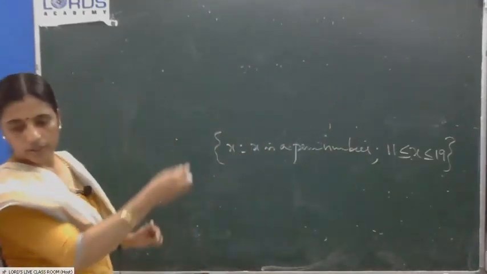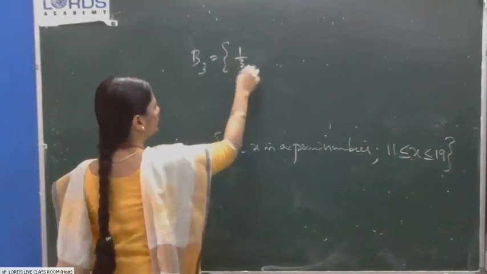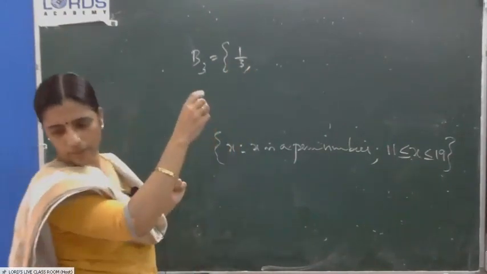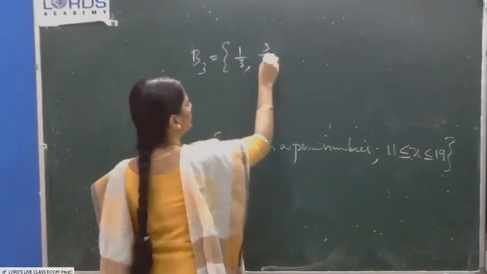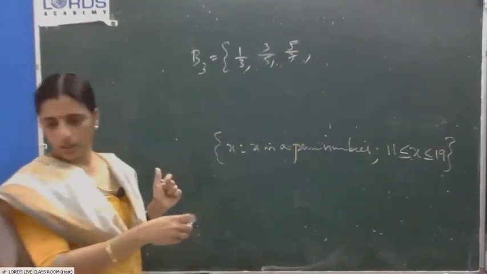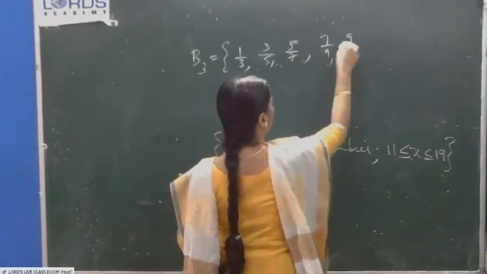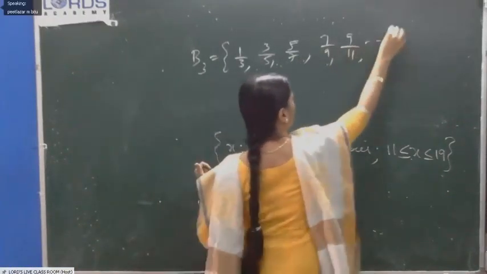B3 equal to 1 by 3, 3 by 5, 5 by 7, then 7 by 9, 9 by 11, etc.